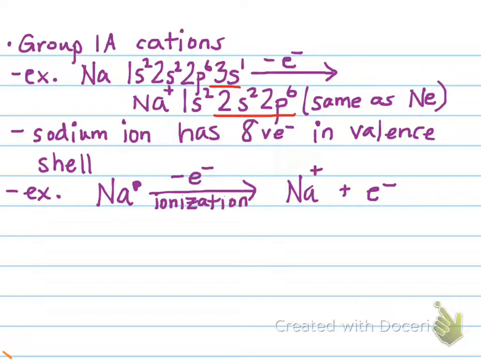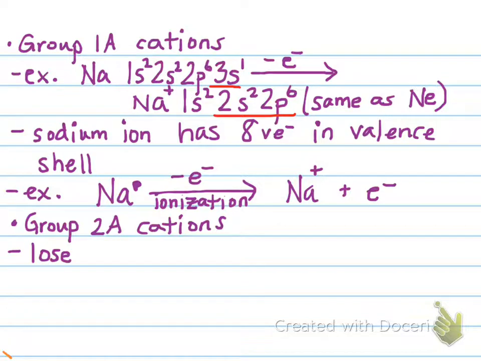So what happens in our group 2A cations? They are going to lose 2 valence electrons to become a noble gas because they have 2 valence electrons.